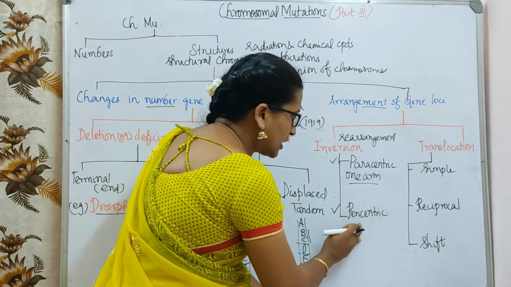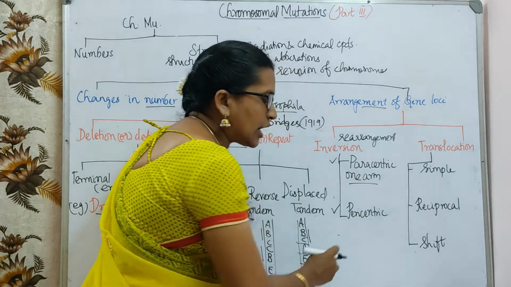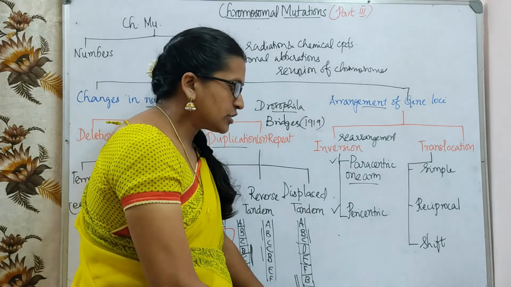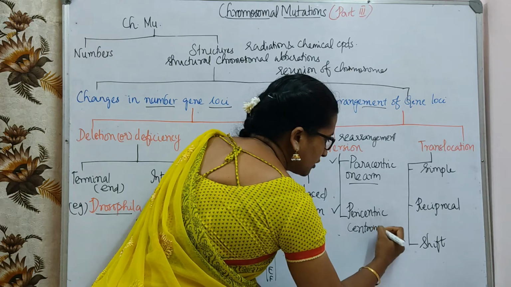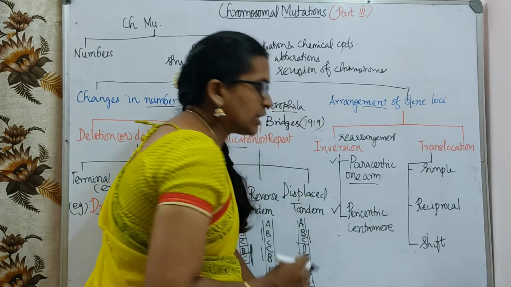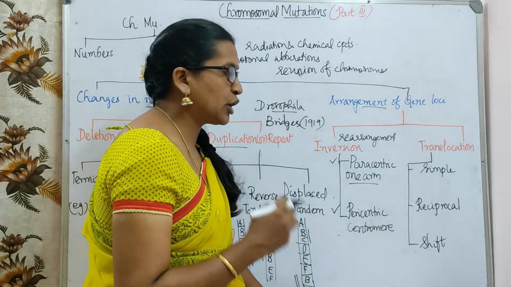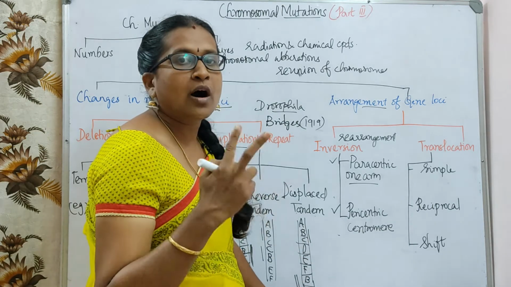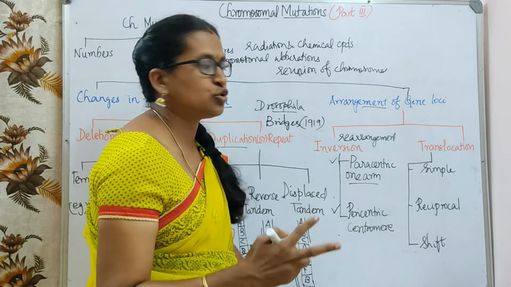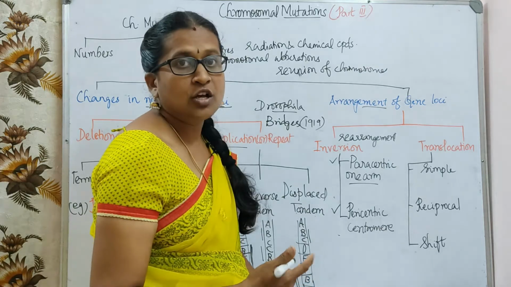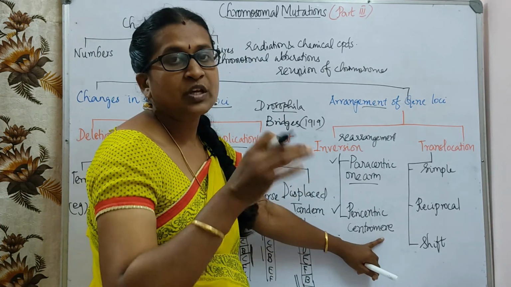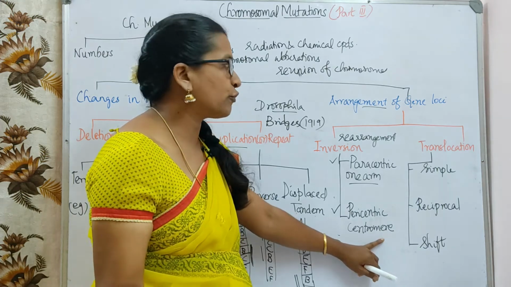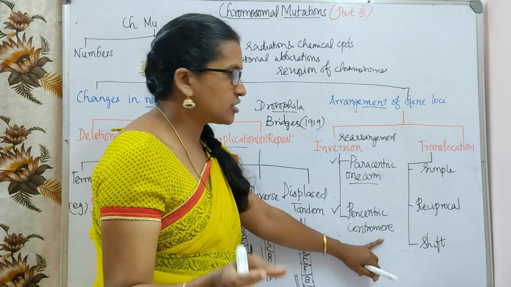But when it is pericentric, there will be an involvement of the centromere, because any two arms of the chromosome are going to be in inversion, so there is the help of the centromere while there is a rearrangement of the genes, right?